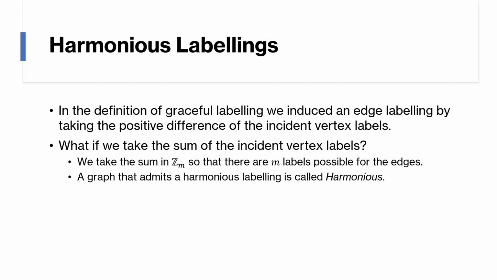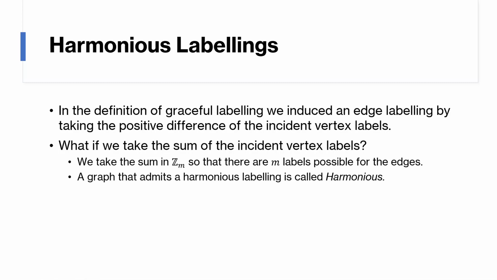So what we do is we take the sum in the integers modulo m, the number of edges, and that way there's only m labels possible for the edges, and so this gives us the same sort of restriction that we have for graceful labelings, but now we're taking sums inside of the integers modulo m.